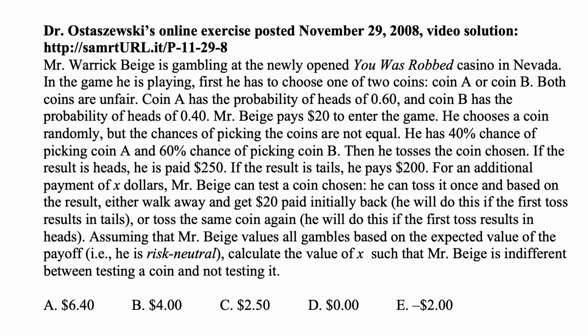He will do this if the first toss results in tails, or toss the same coin again. He will do this if the first toss results in heads. Assuming that Mr. Beige values all gambles based on the expected value of the payoff, so he is what is called risk neutral, calculate the value of X such that Mr. Beige is indifferent between testing a coin and not testing it.